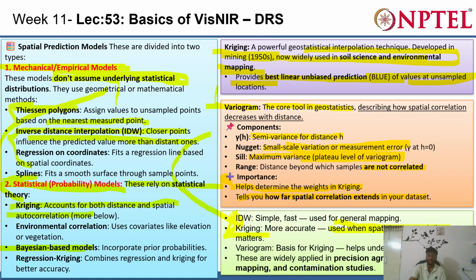So whenever you feel there is autocorrelation in your spatial data, like contamination in soil or in your water resources, it is important to use techniques like kriging. The variogram is the basis for kriging and helps to understand spatial variability. These are widely applied in precision agriculture, soil fertility mapping, and contamination studies.